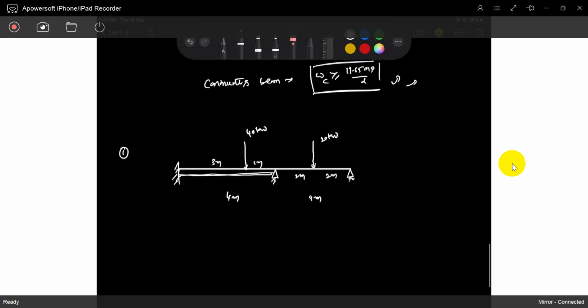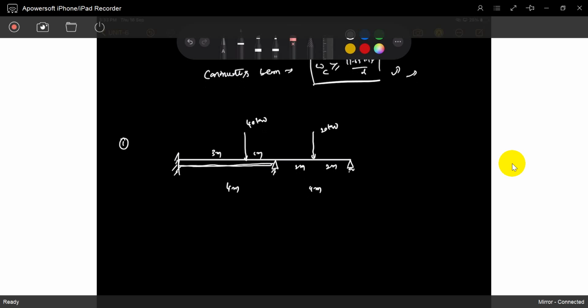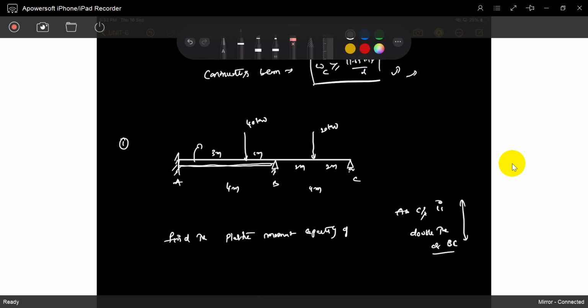So what he asked is, this is A, B and C. AB cross section is double that of BC. So find the plastic moment capacity. Find the plastic capacity of the beam.